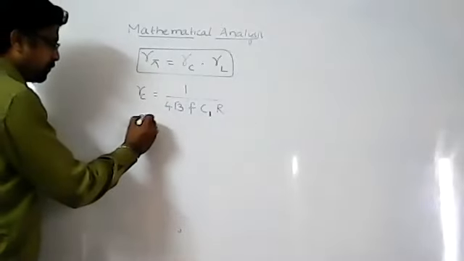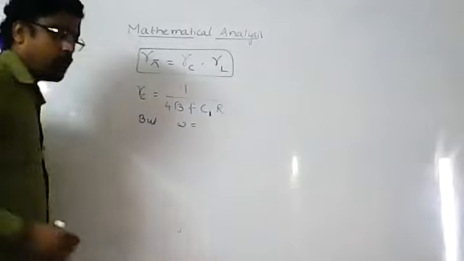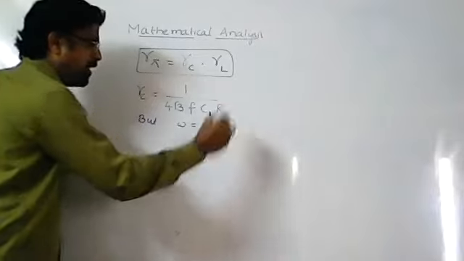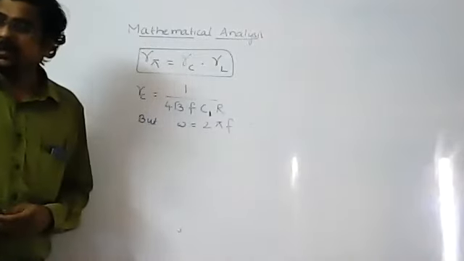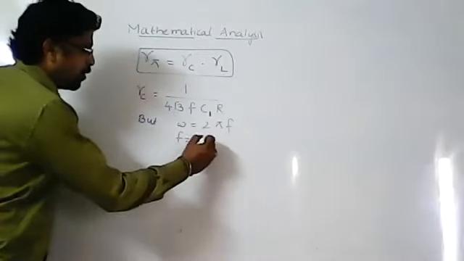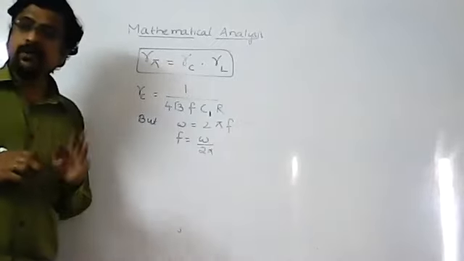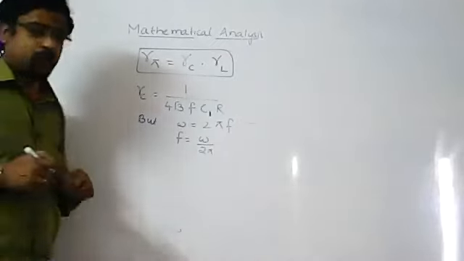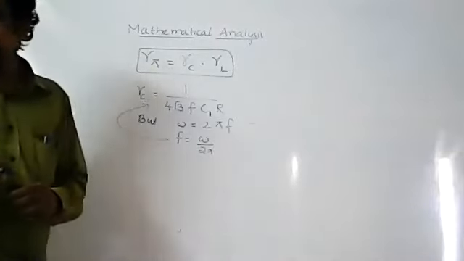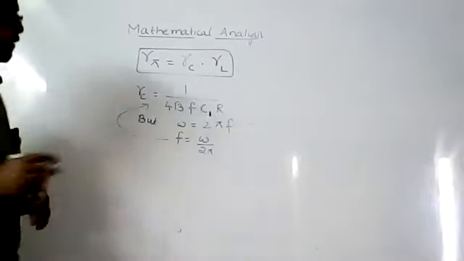But what is omega? Omega is equal to 2 pi F, so F is equal to omega by 2 pi. Substitute that in this equation.